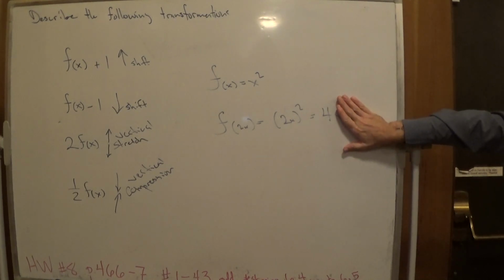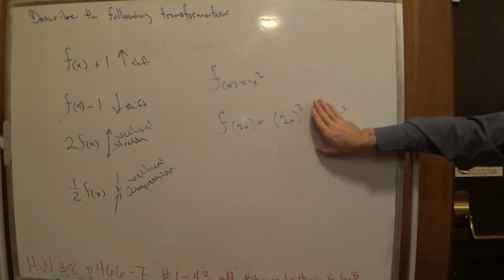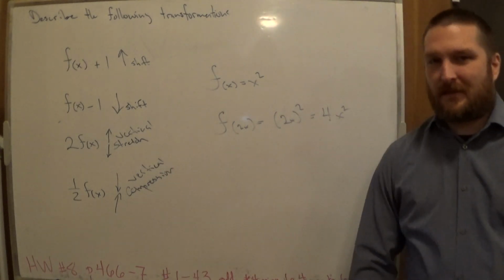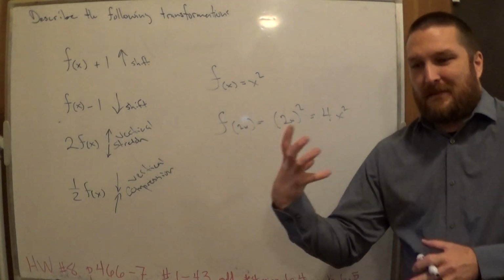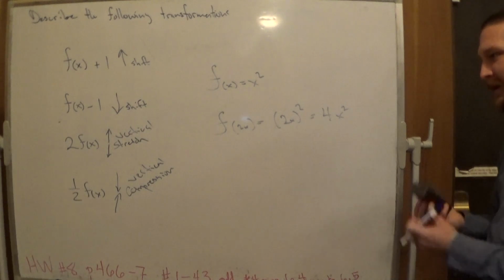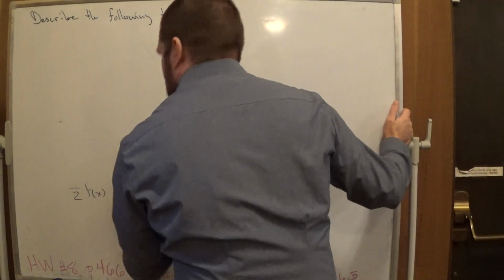Because you could see it as, well, you just took your original function, f of x, which is just x squared, and then you just multiplied it by some number. That doesn't happen anymore with sine and cosine. You can't just pull out something from sine and cosine. It doesn't work that way. And so we're going to have to really discuss this, which is what we're doing right now. So, okay.